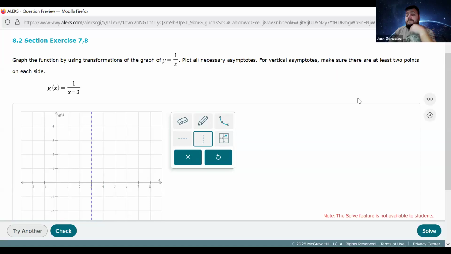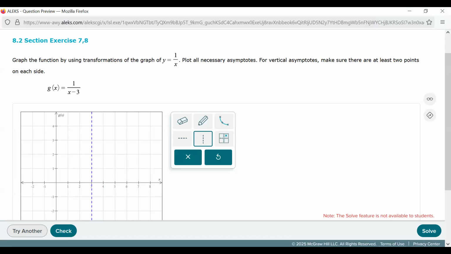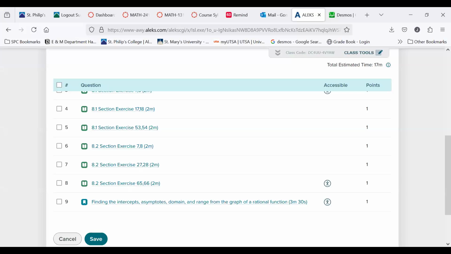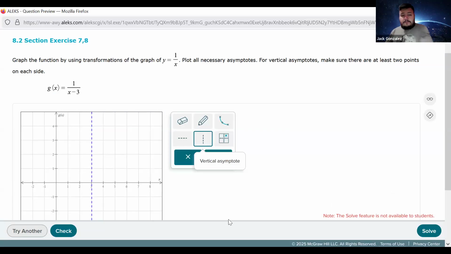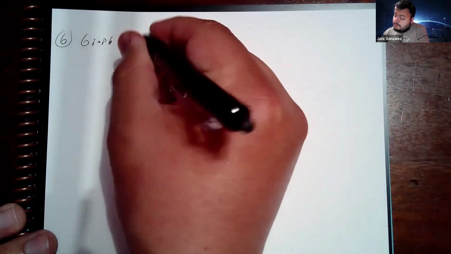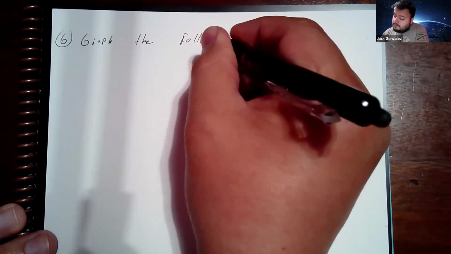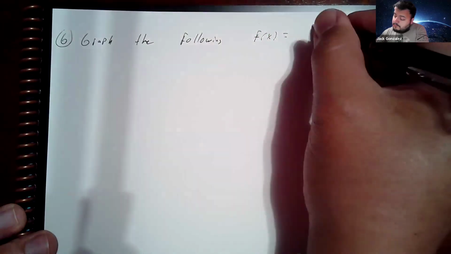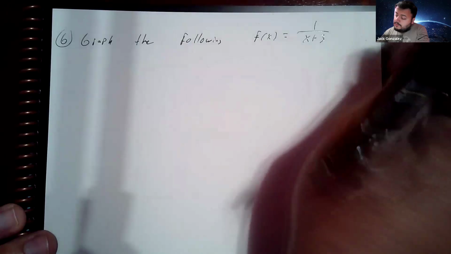Okay. So we're going to do this on paper. It is number 6. If you do not have a graphing calculator, this is what they want you to do.